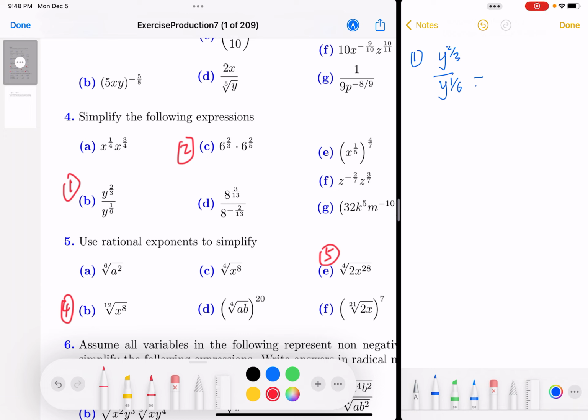We know that's y to the 2/3 subtract, or you may do one more step, is times y to the negative 1/6. And that's actually y to the 2/3 subtract 1/6.